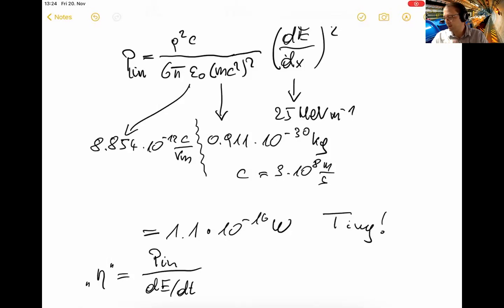It comes out roughly 10 to the minus 13. 10 to the minus 13 means only a fraction of 10 to the minus 13 of the input energy is converted into synchrotron radiation. That's nothing, absolutely nothing. It's vanishing.